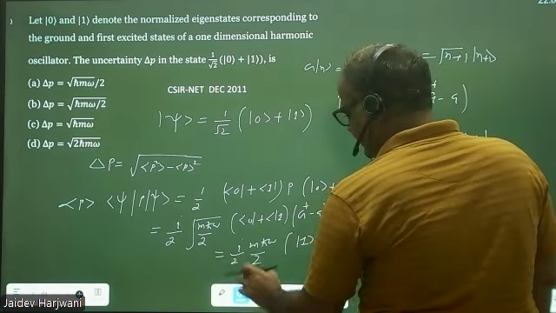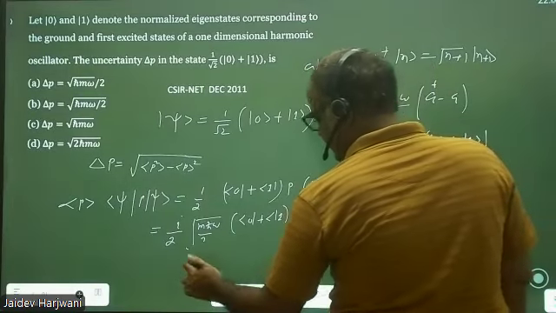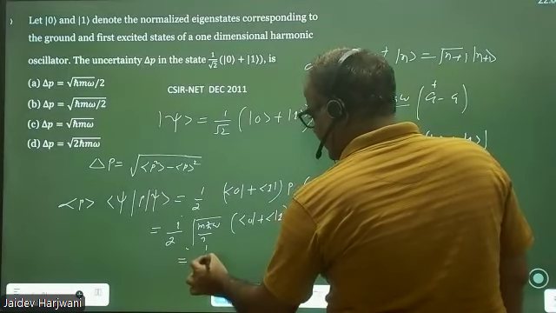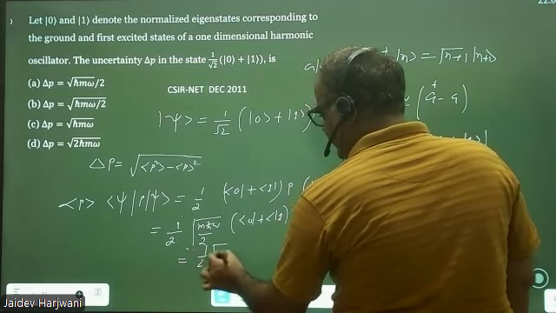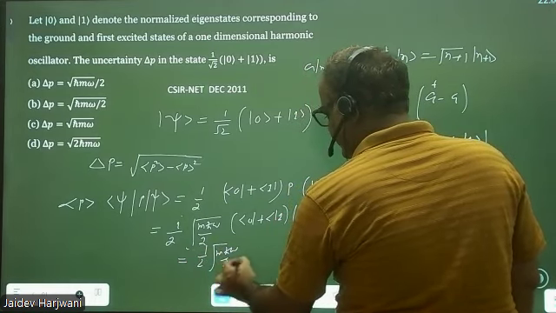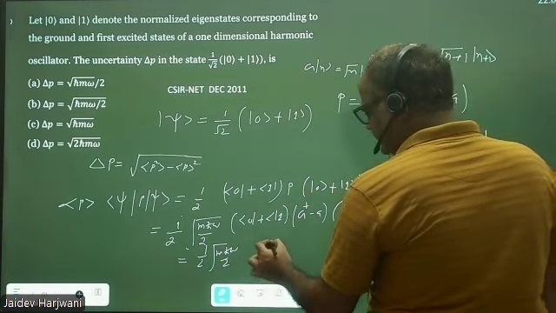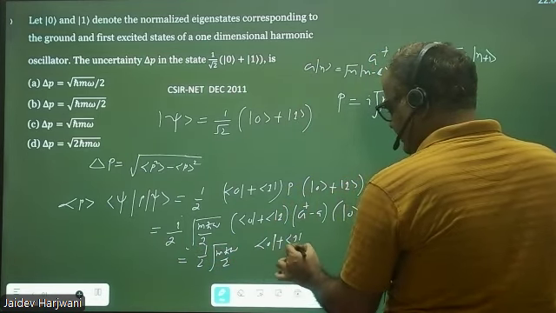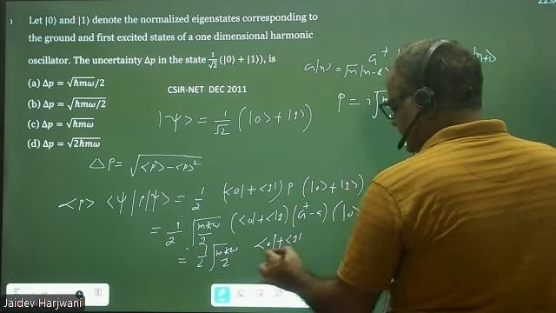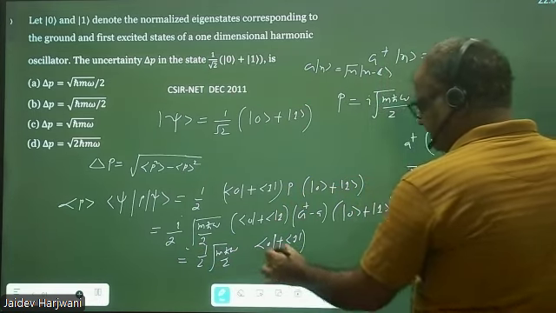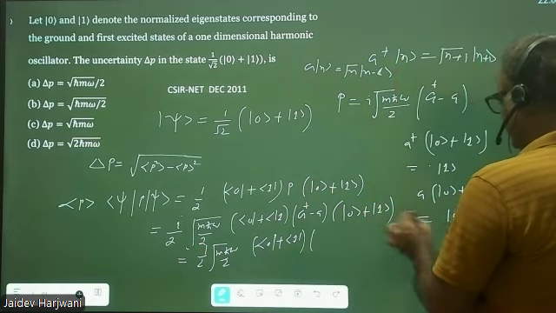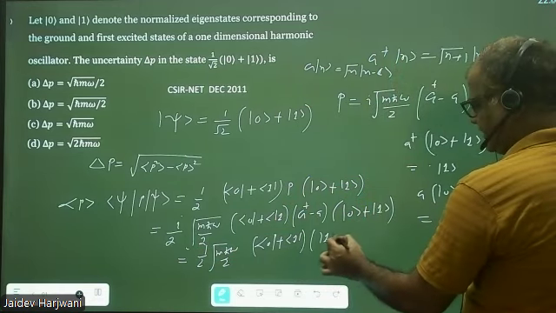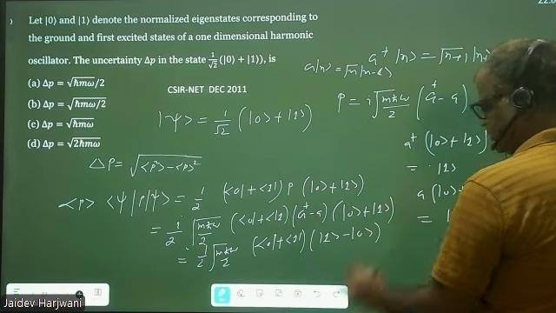So what I can write now is a half times root of m h cut omega by 2. We have the state 0 plus 1, and when this operates, you get 1 minus 0.